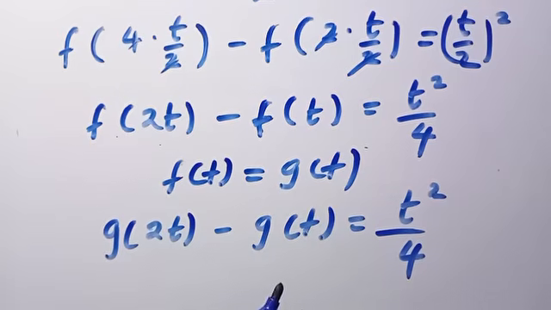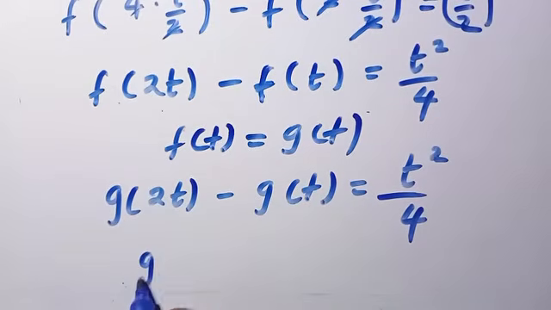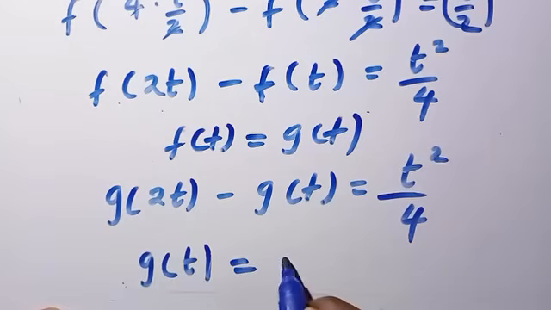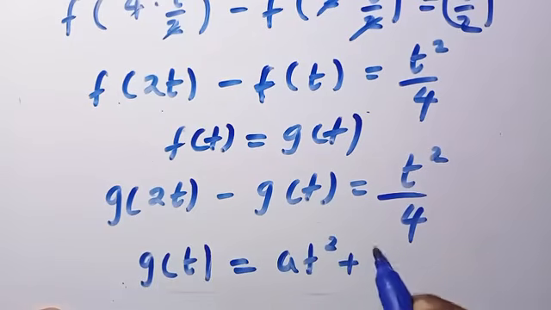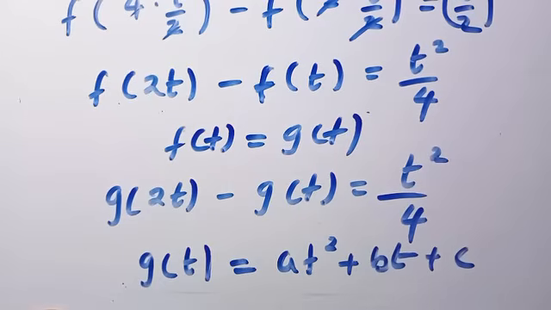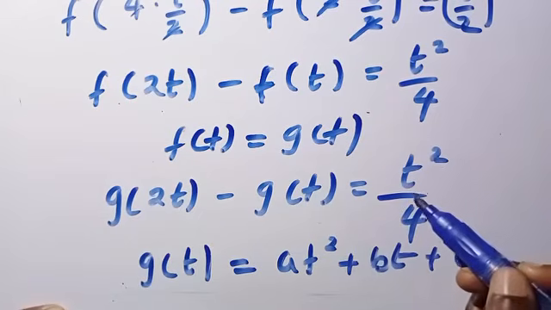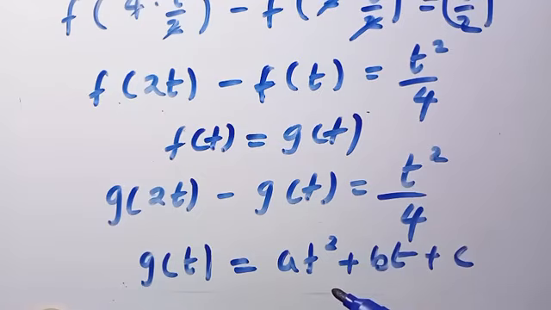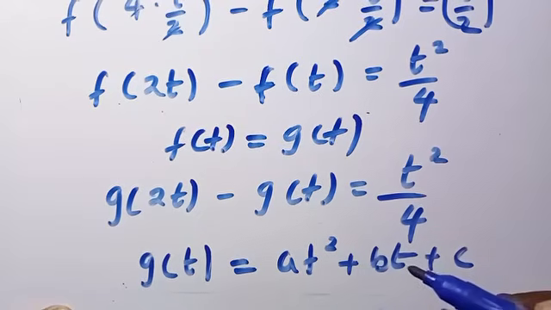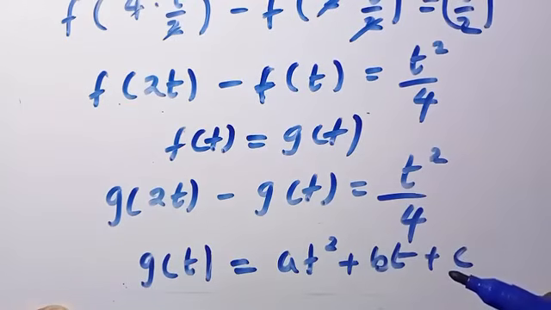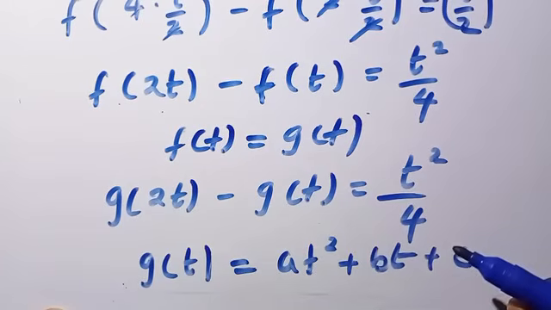Then we can assume the general solution g of t equals at squared plus bt plus c, and when we solve this, we get something like what we got initially. It only changes a little bit from the beginning. So this is more robust than the first one, and we get the same answer applying either one.